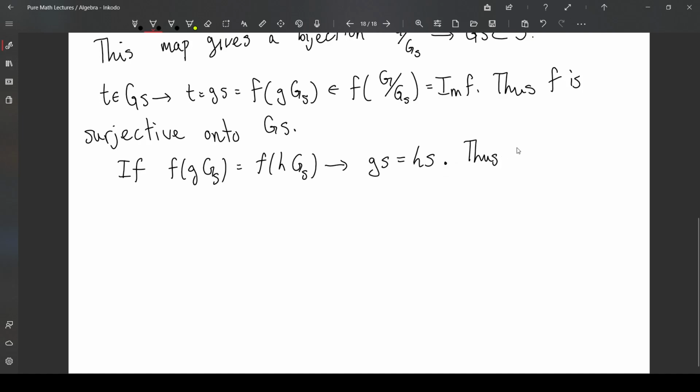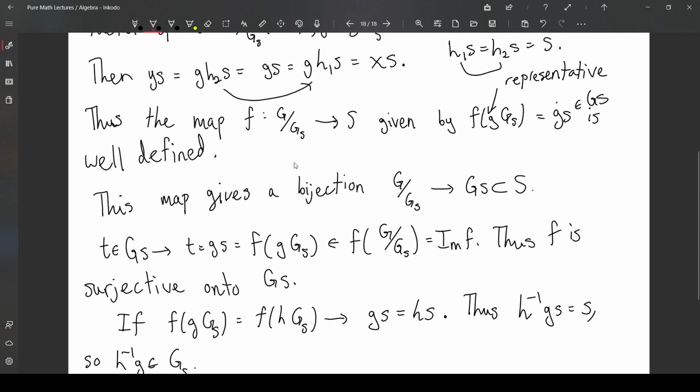Thus, H inverse GS equals S by multiplying on the left by H inverse. So this means that H inverse G is an element of G sub S, right?